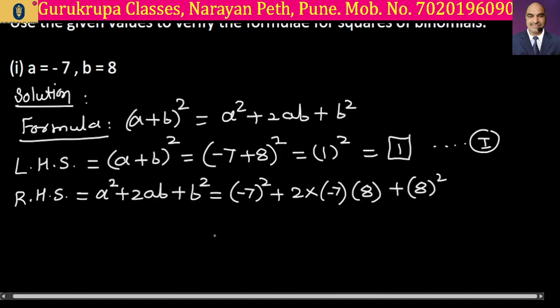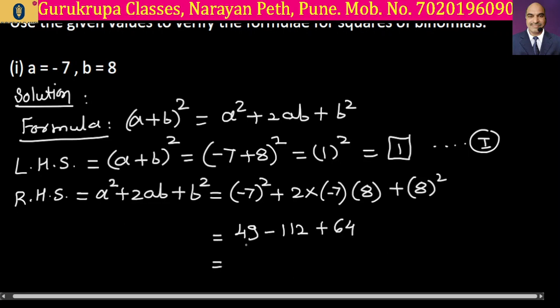Now square is always positive, so 7 square is 49. Then 2 into minus 7 is minus 14, into 8, 112. So minus 112 we got, as there is one negative sign. Then plus 64.